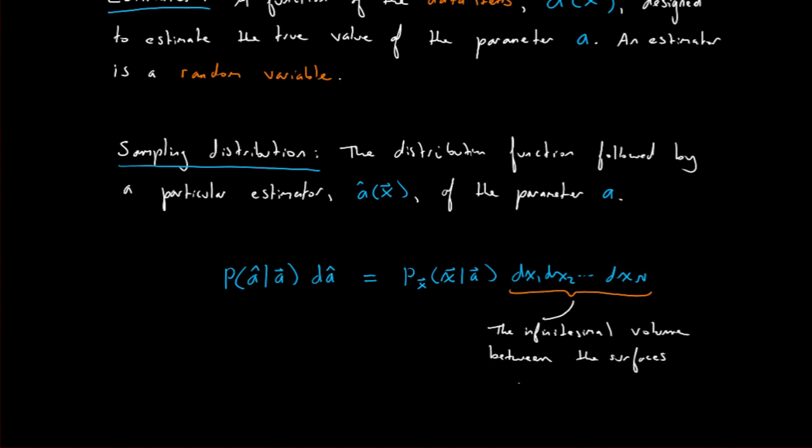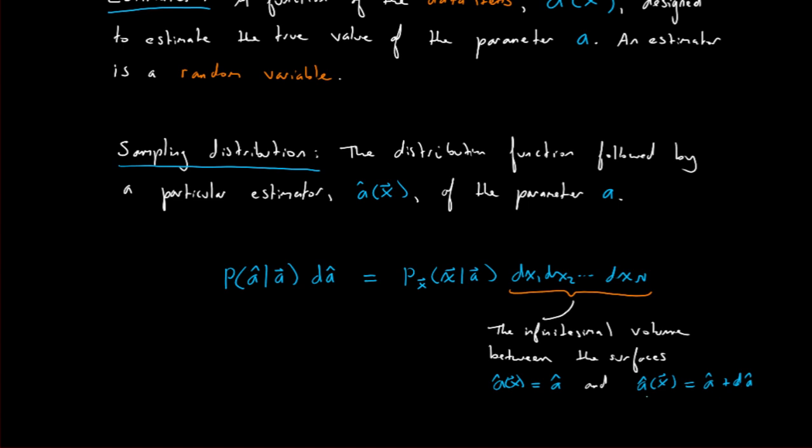This is the surface where A hat as a function of x is equal to this particular value A hat, and another surface where A hat of x plus dx is equal to A hat, or let's just be a bit more careful about this. It's A of x is equal to A hat plus dA hat.